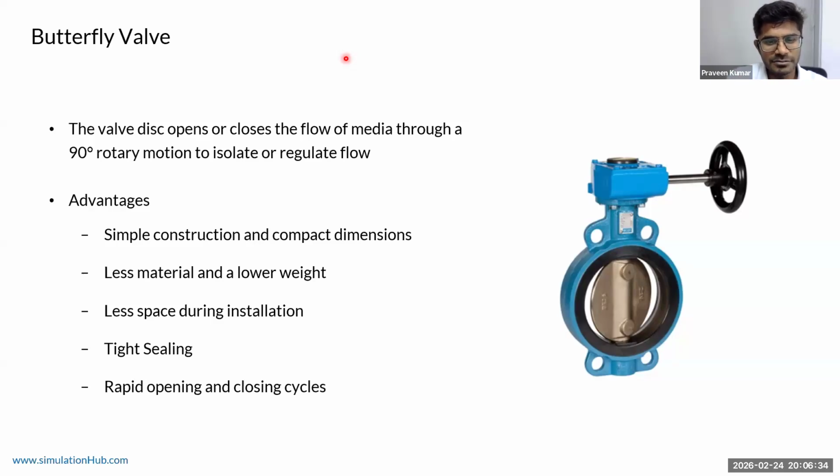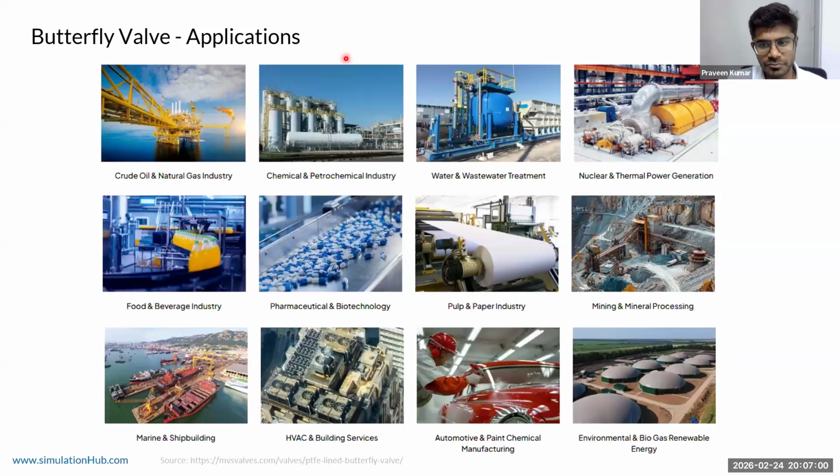It occupies less space during installation. It's also very cost effective, uses less material, weighs less, and provides tight sealing. Due to its quarter turn operation from fully closed to fully open, it provides very rapid opening and closing cycles. These are the advantages of the butterfly valve, and the applications are very versatile across different industrial areas, as you can see here.